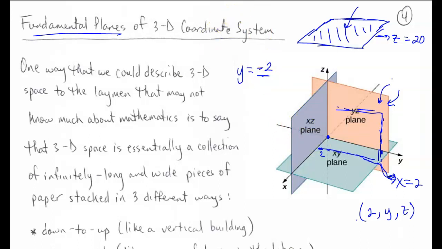So let's say back here, I have y is equal to -2. Then I would have a plane that kind of looks like this. And this plane here would be parallel to that one, okay? And of course, the points in this plane would look like (x, -2, z), okay?